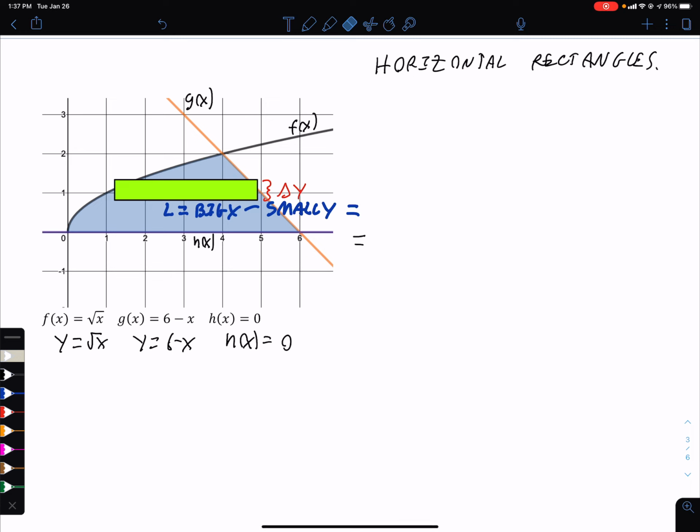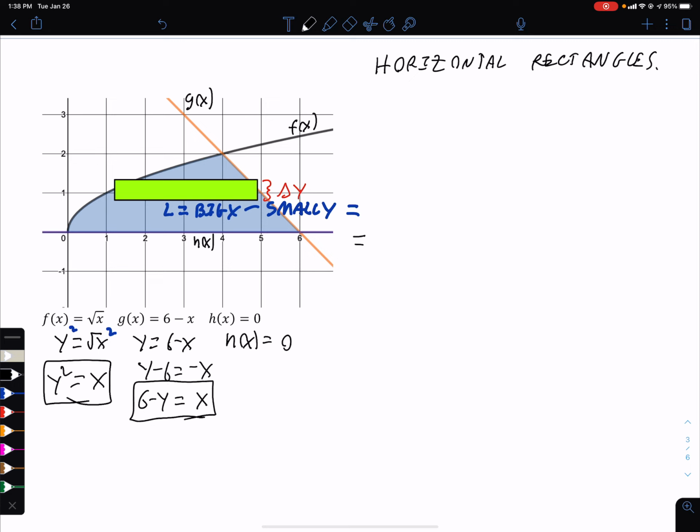So what do you have to do? You have to solve for x. So in this case, if I square both sides, I'm going to get x equals y squared. That's my x for f of x. This one, I want to solve for x. I'm going to subtract 6 from both sides, but I need to get rid of the negative sign, so I'm going to multiply both sides by -1, and I get that.